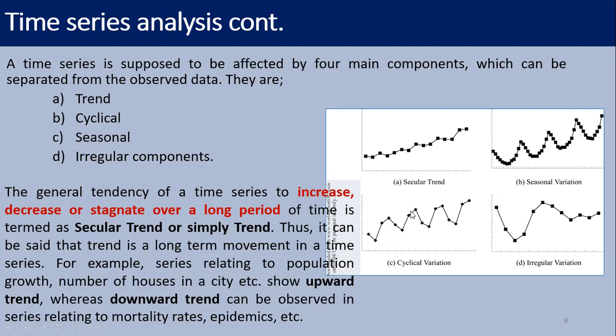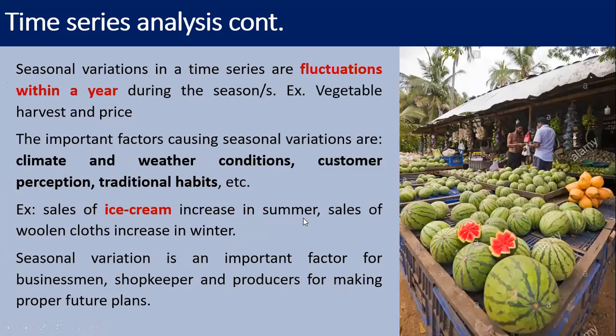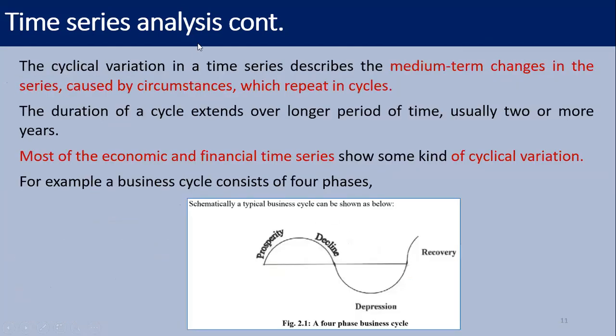And some cyclical variation we have discussed. It belongs to some economic factors, like the LKR dollar exchange rate. It is under regular variation. So there are some cyclical variations as mentioned here, right?